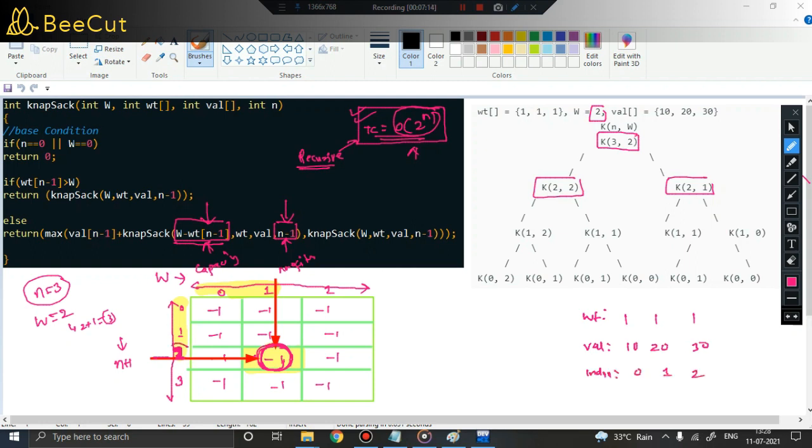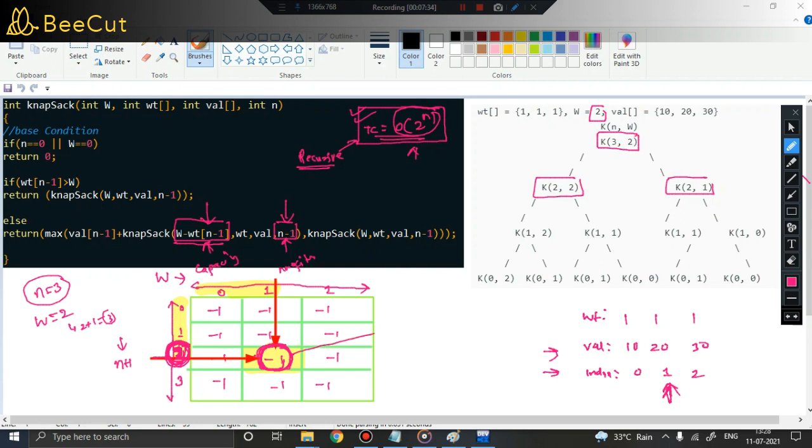Now the 2 here, always remember, is actually pointing to one less index in these arrays. If I am saying that it is in row number 2, it is actually referring to this item 1.